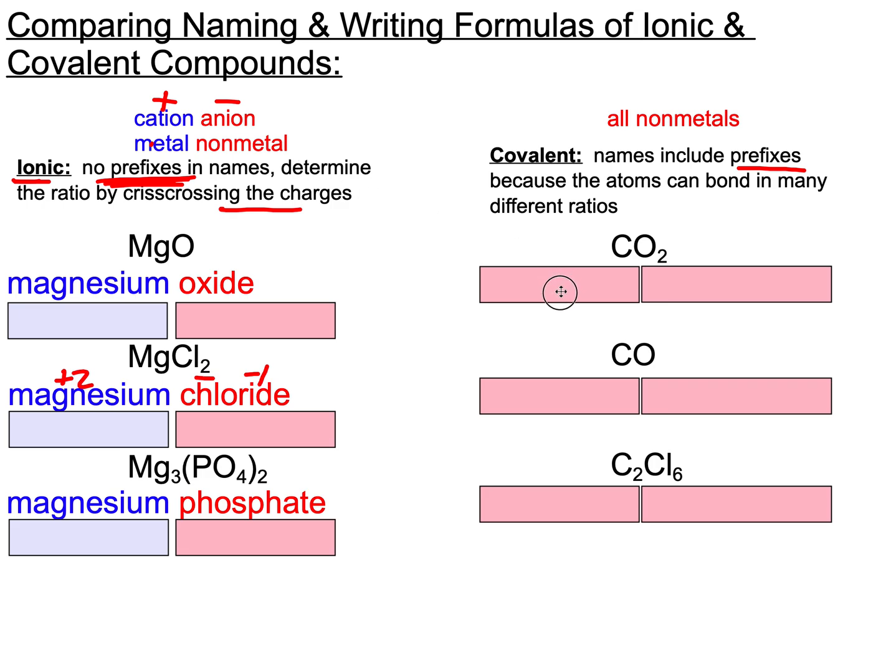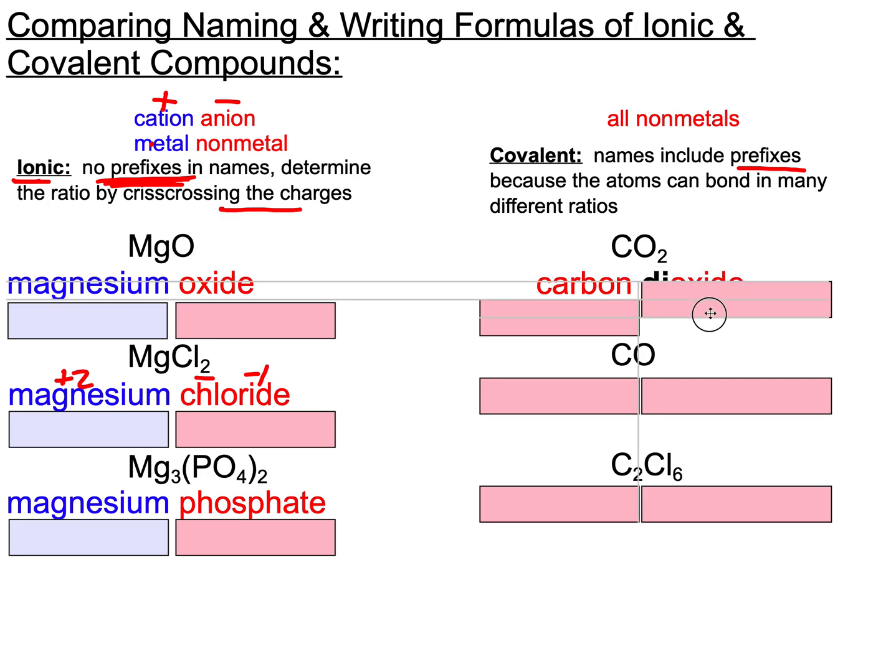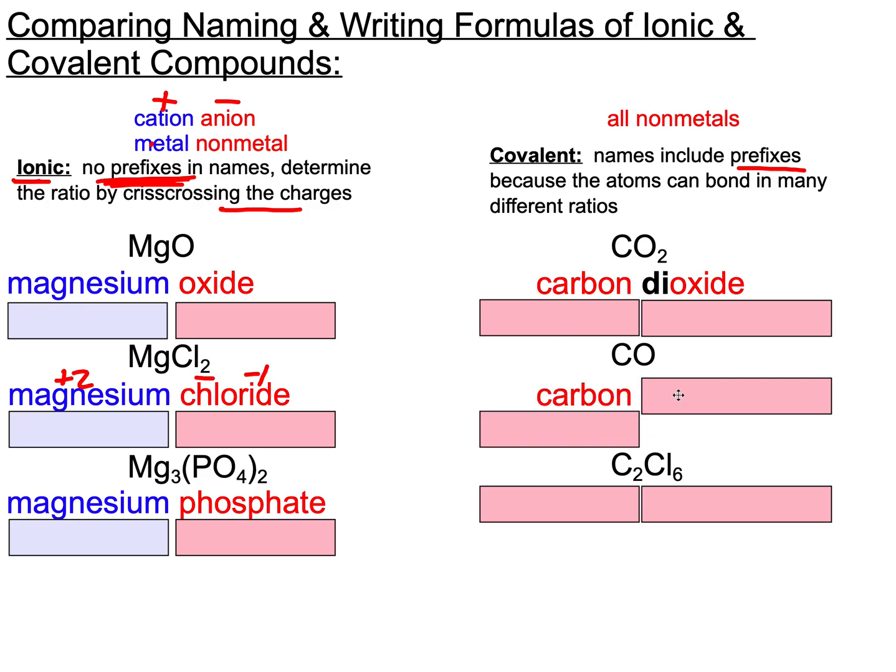So take a look at how we name this, and I bet you know what this first compound is. Carbon dioxide. We stick a prefix in there. That di tells us there's 2 oxygens. We didn't do that over here, magnesium chloride. You don't use prefixes with ionics. The reason we need prefixes is because carbon can hook up with 2 or carbon can hook up with 1 oxygen.